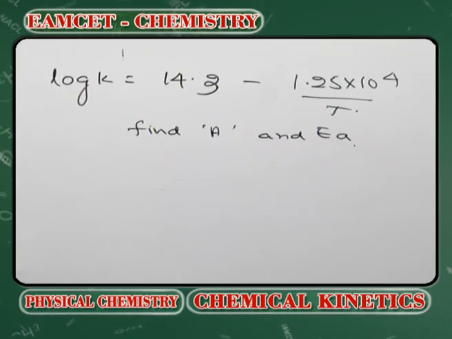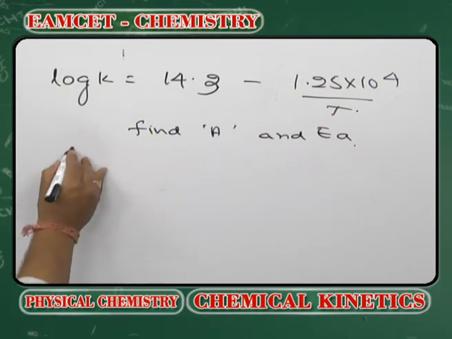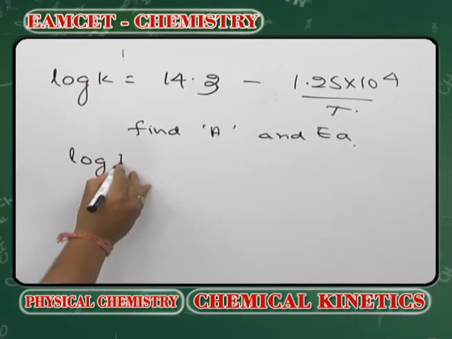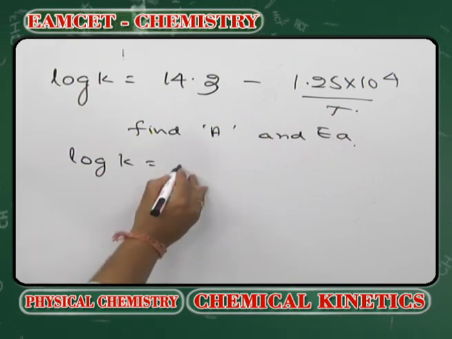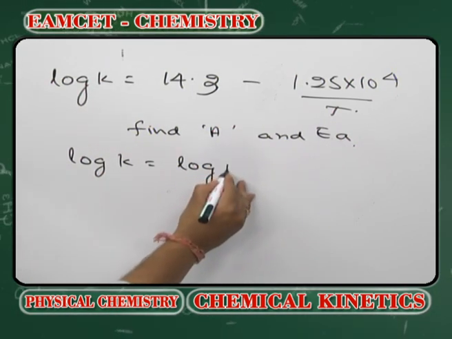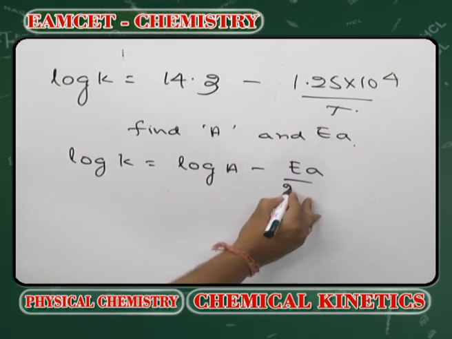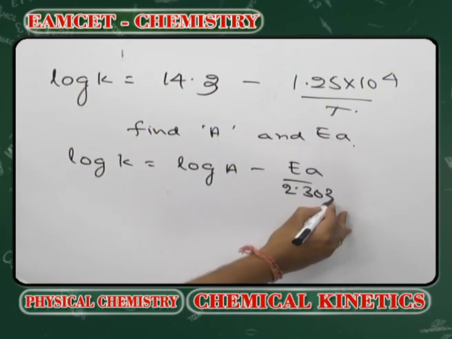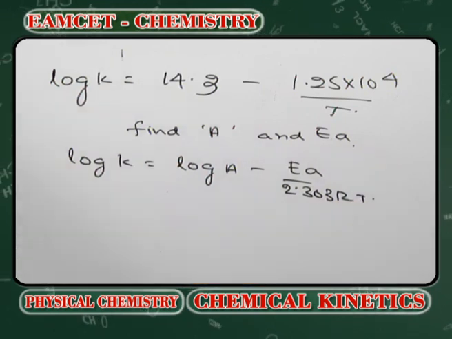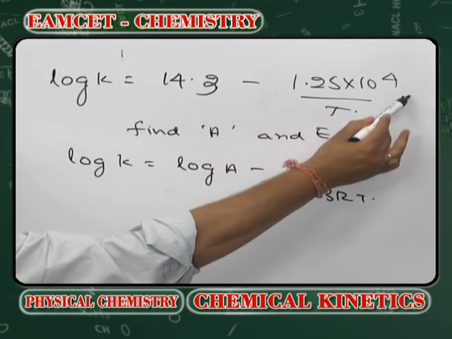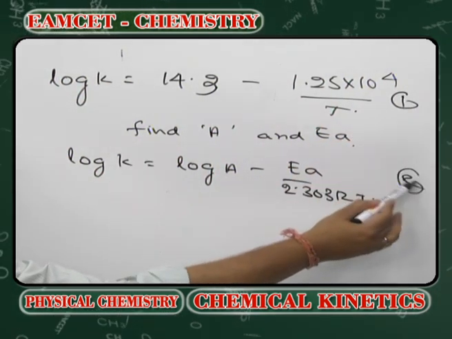This is the problem. Now, what is the general expression? Log K is equal to log A minus EA by 2.303 RT. This is equation 1. This is equation 2.